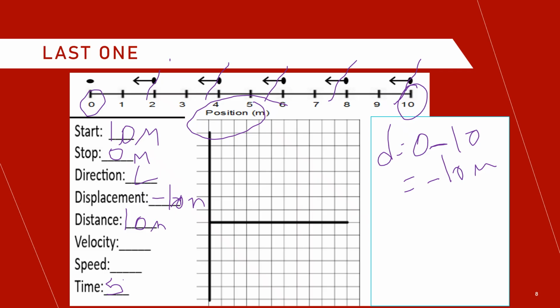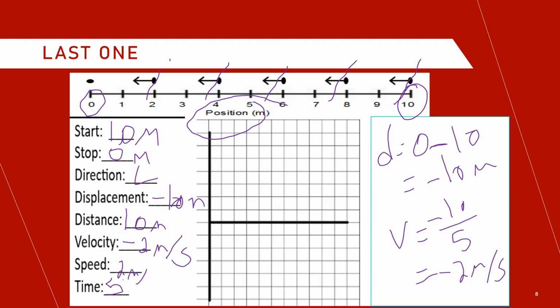The velocity is equal to the displacement divided by the total time, which we said was 5, and that is equal to minus 2 meters every second. The speed is 2 meters every second, and we know that this is going to the left. Awesome.